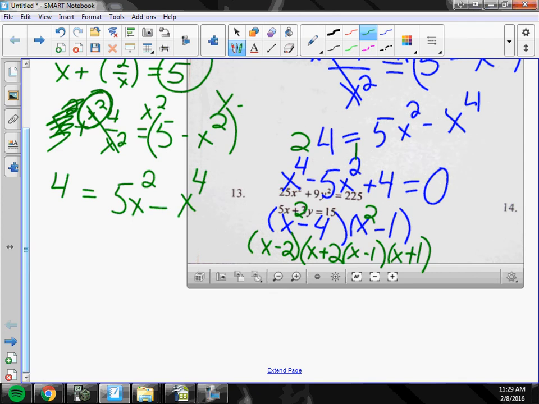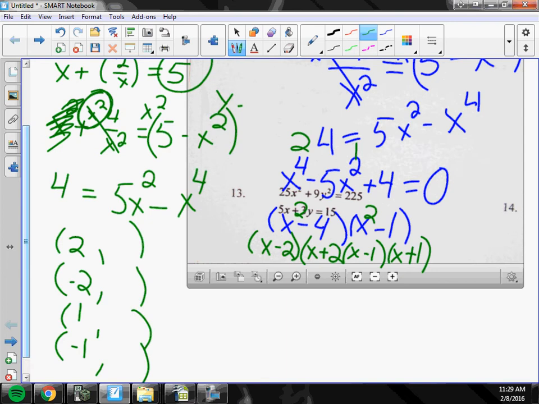So how many answers does this have? 4. And they are 2, negative 2, 1, and negative 1. So if you get an x to the fourth quadratic, treat it like an x squared quadratic and factor it like you normally would, but instead of x and x, it's x squared and x squared.